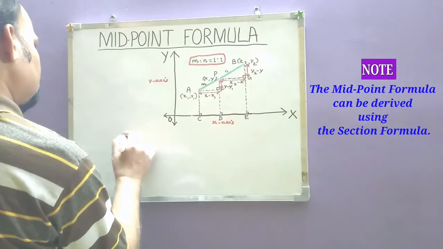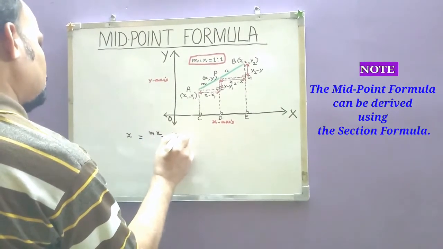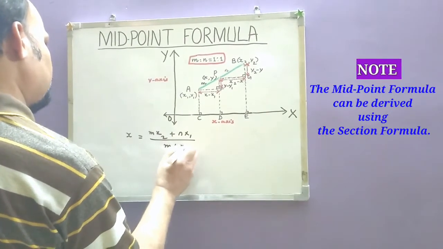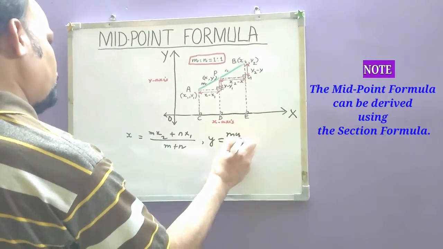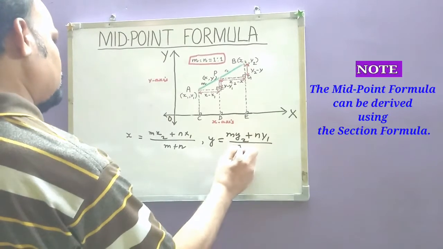Using the section formula, the coordinates of this midpoint are given by x equal to mx2 plus nx1 upon m plus n and y equal to my2 plus ny1 upon m plus n.